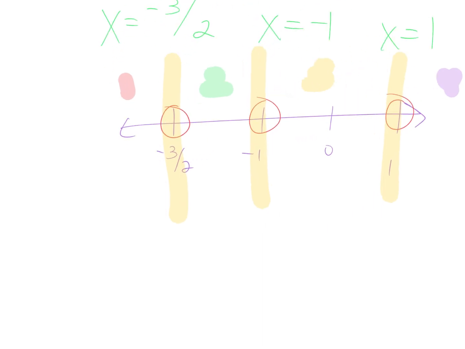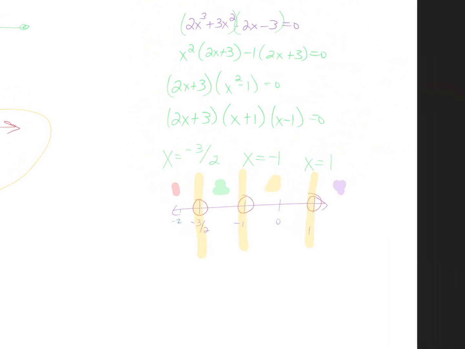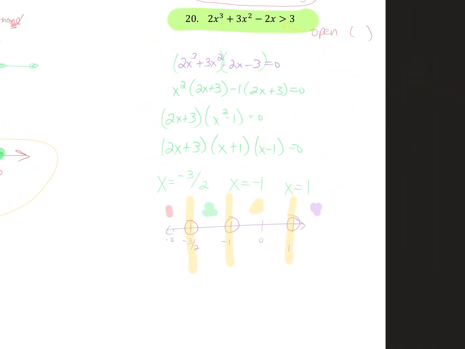So if I'm going to pick something in section 1, I'm going to pick, say, the number -2. So I'm going to go back to my original inequality and try x equals -2. I have 2 times -2 cubed plus 3 times -2 squared minus 2 times -2 greater than 3.